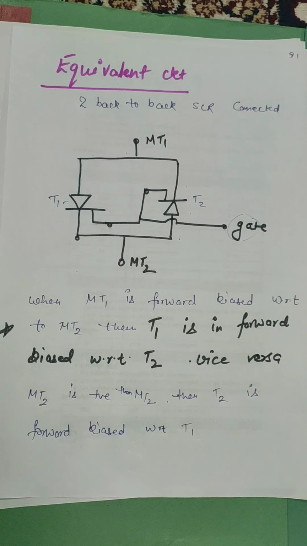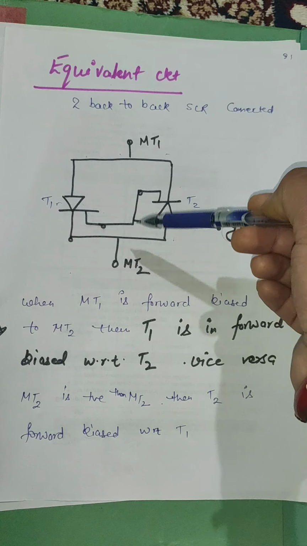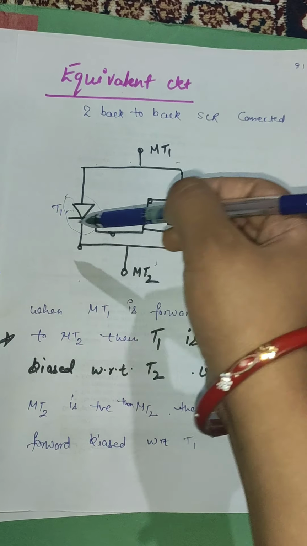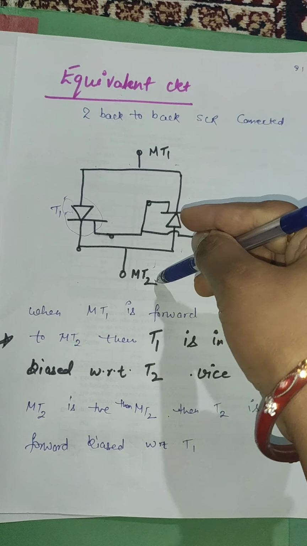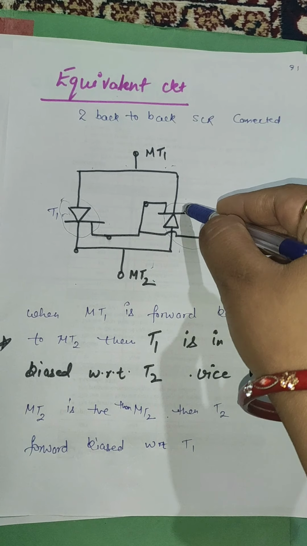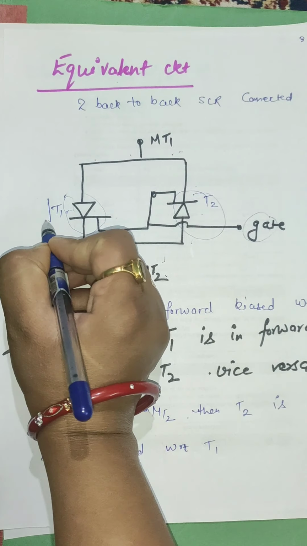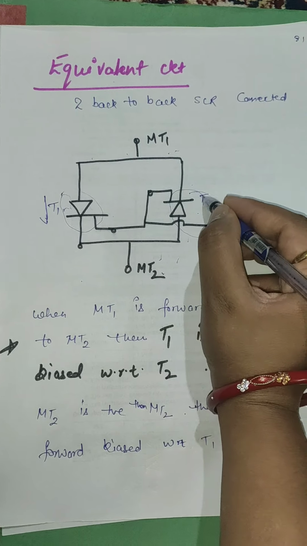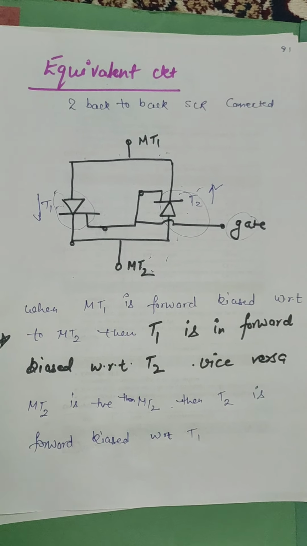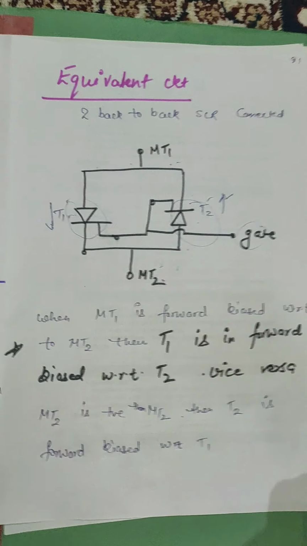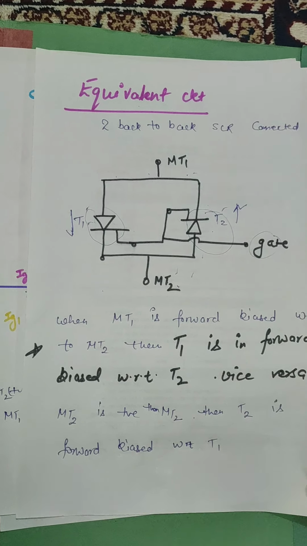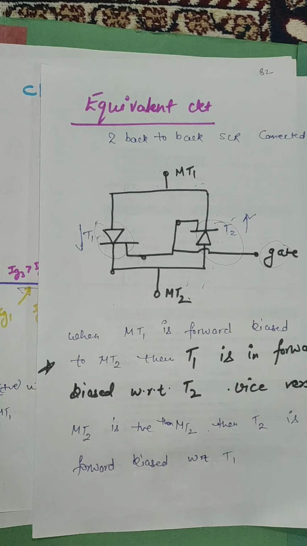When MT1 is positive with respect to MT2, then T1 is forward biased, and when MT2 is positive with respect to MT1, T2 will be forward biased. The current will be in this direction, and for MT2 the current will be in this direction, like the diac. But it has a controlling terminal, that is the gate terminal. So this is the difference between the diac and the triac.